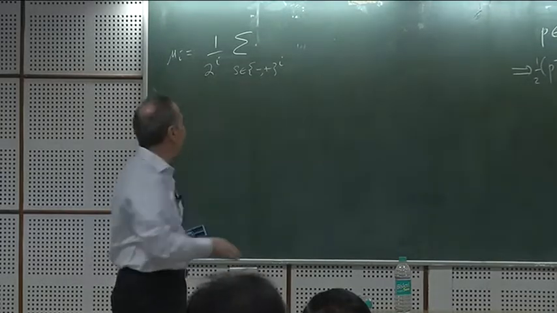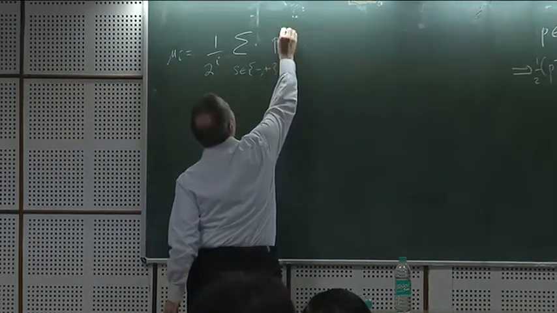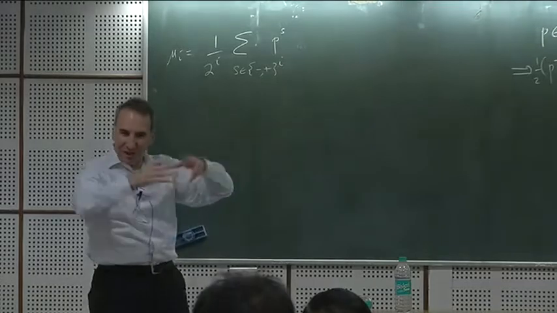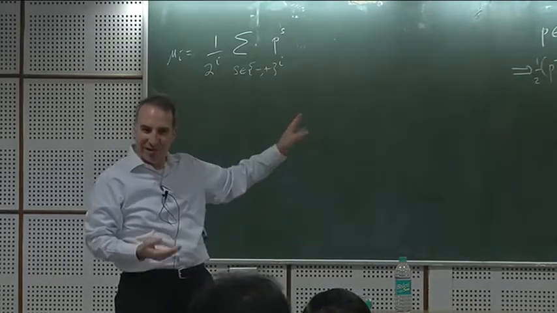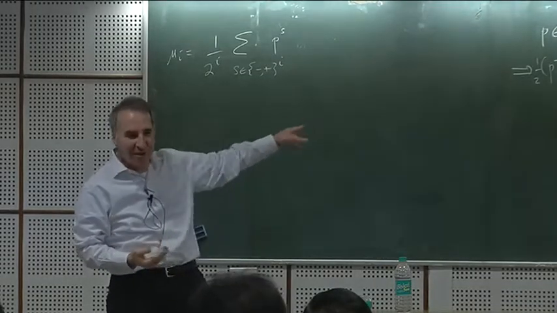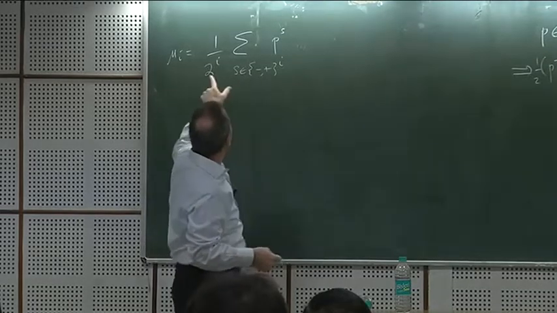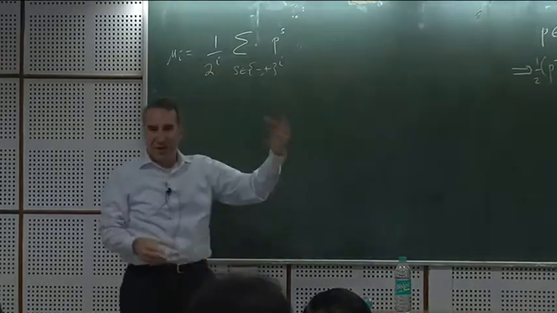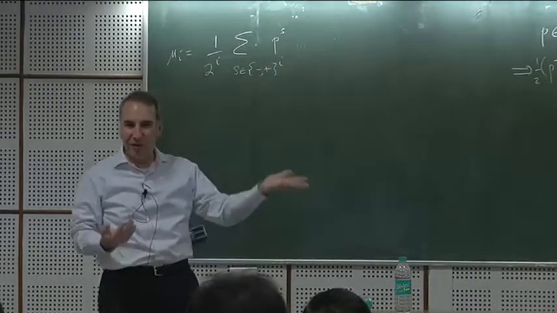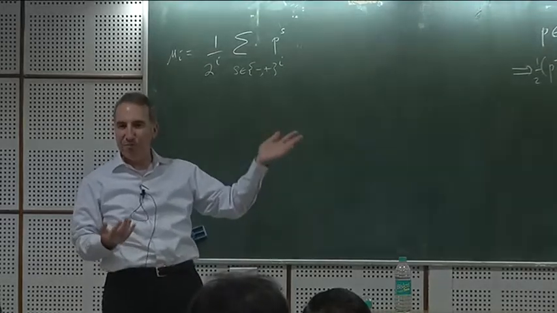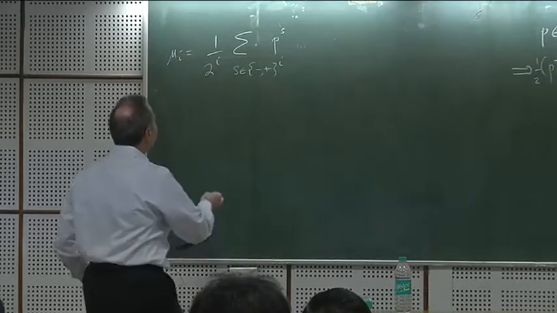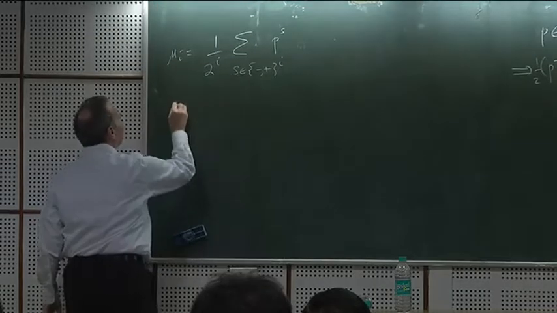There are 2 to the I things in the summation, P to the S. This S is a sign sequence, right? It's not a number. I'm not squaring the P. For I equal to 1, S takes the values minus and plus, so I'm adding P plus and P minus, dividing by 2.